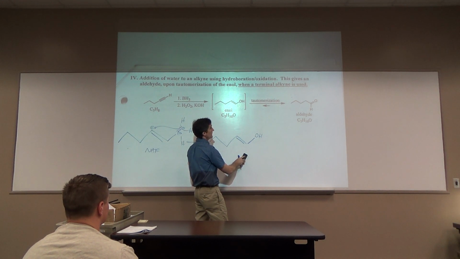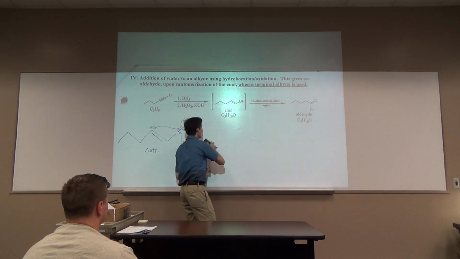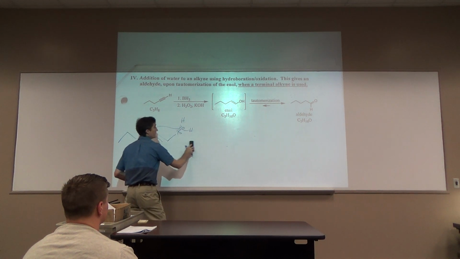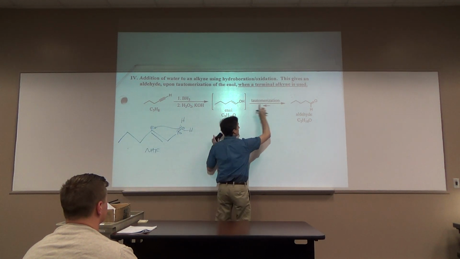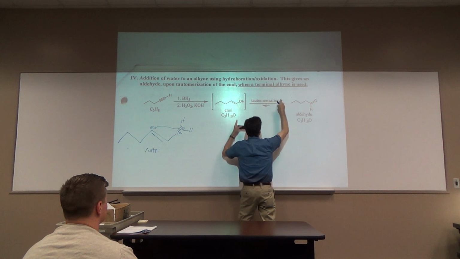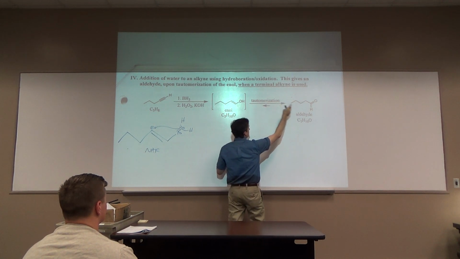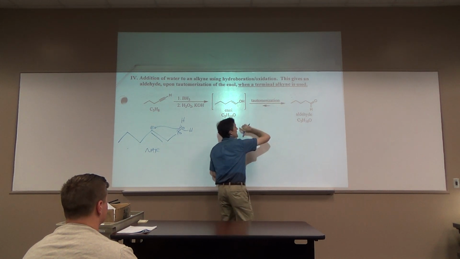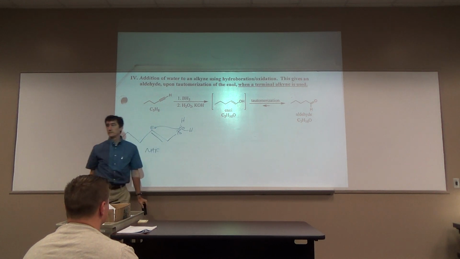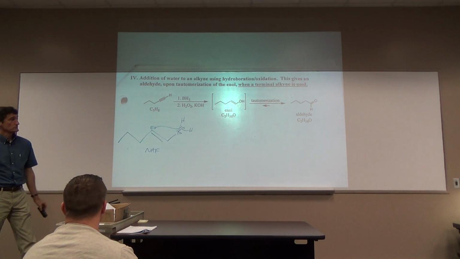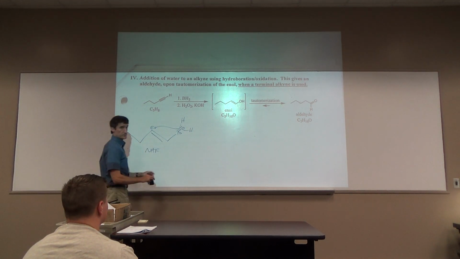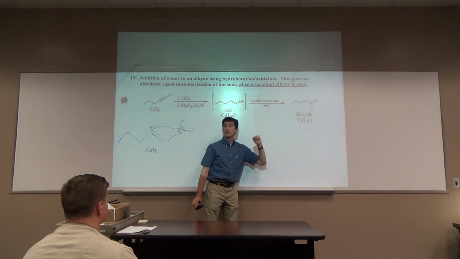So it undergoes tautomerization. In this case, it happens to be an aldehyde. These are in equilibrium. This is an equilibrium set of arrows, and this is favored. That's why that's longer. Those are not resonance structures.